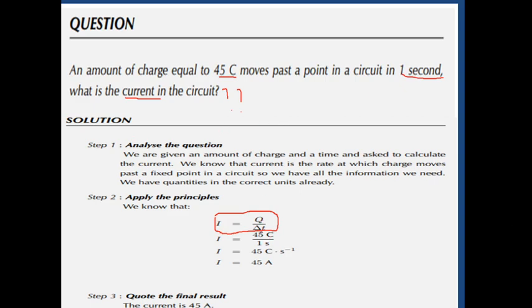My charge was given as 45 coulombs, all divided by 1, and any number divided by 1 gives us the same number. This gives us the unit coulomb per second. But remember, we measure current in amperes. So the final result is 45 amperes.